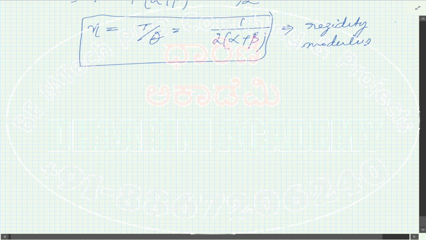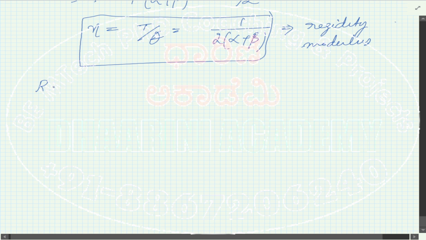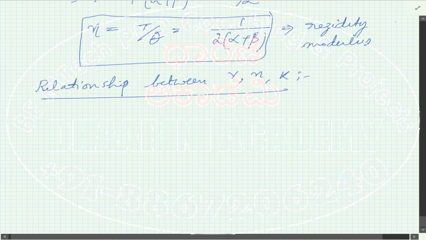All right, moving further, let's go to the next topic. We try to find out a specific relationship now, that is the relationship between Y, Young's modulus, N, rigidity modulus, and K, the bulk modulus.